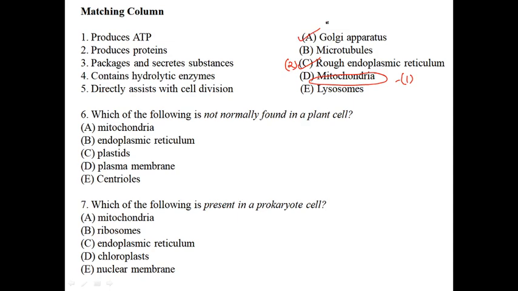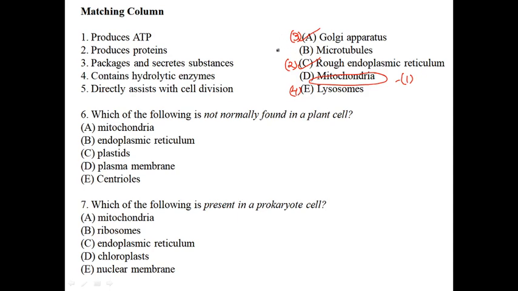All the products of rough endoplasmic reticulum are packaged and secreted by Golgi Apparatus. Next, which contains hydrolytic enzymes? Hydrolytic enzymes are used to kill the foreign material or the waste material. That is by lysosomes.